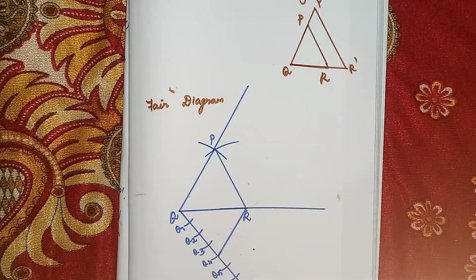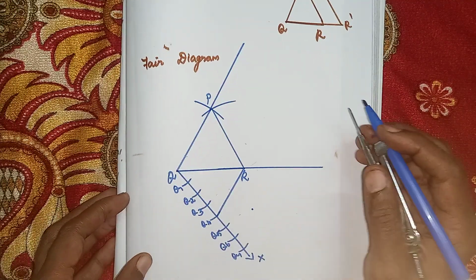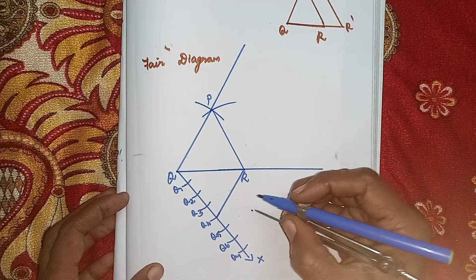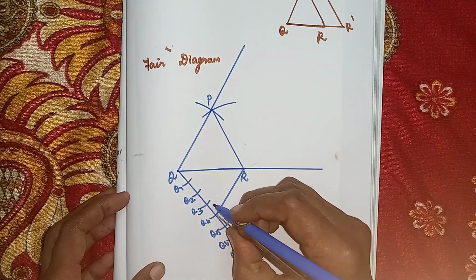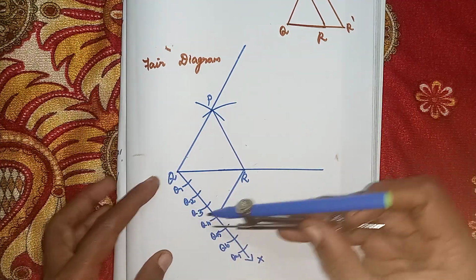Now, same like the previous problem, take any measurement and draw an arc from the fourth part.